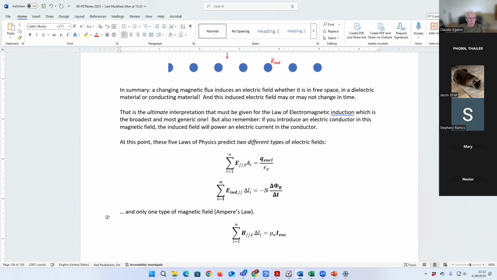We didn't cover Ampere's law yet. We're just adjusting the ideas of our Faraday's law. So far, only one type of magnetic field, the one that is produced by a current.